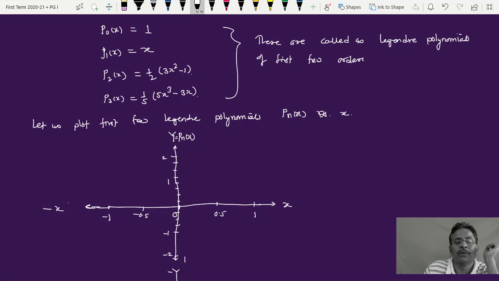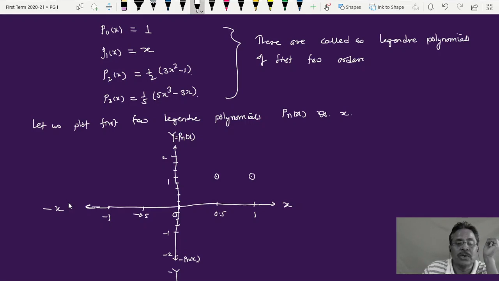So these are the values of P1 of x, negative as well as positive. Now the first gives me P0x. When I put all the values of x, whatever, minus 1, plus 1, 0, plus 2, plus 3, minus 4, every time I will get this value equal to 1. So for x equal to 0.5, I will get 1. When I put x equal to 1, I will get the value of the Legendre polynomial as 1.